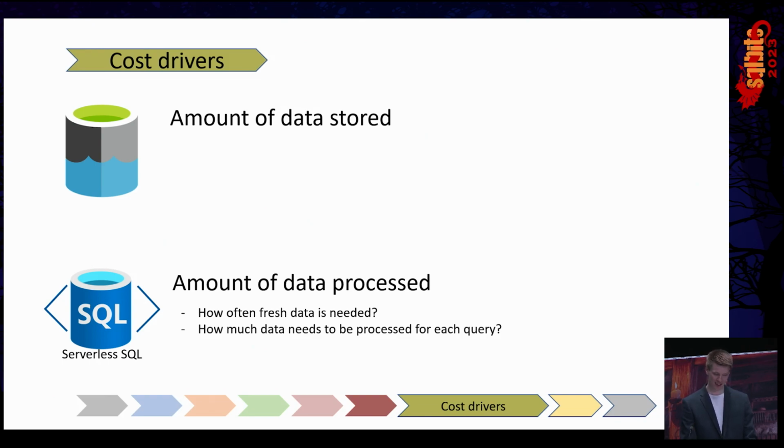It scales linearly in a data lake, so it's quite easy to predict. And the amount of data processed is very important, but that is a bit harder to predict, because obviously it depends how often users refresh this data, how often they need new data, how much data you need to process every time you process the data.